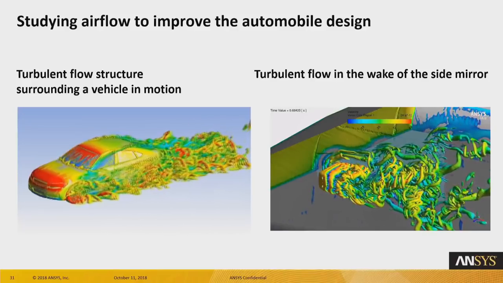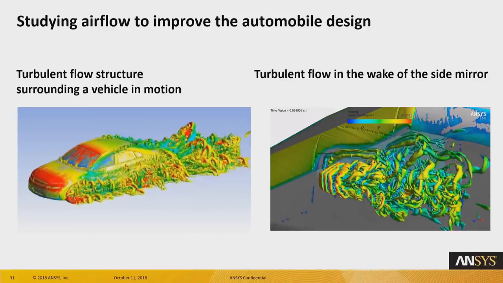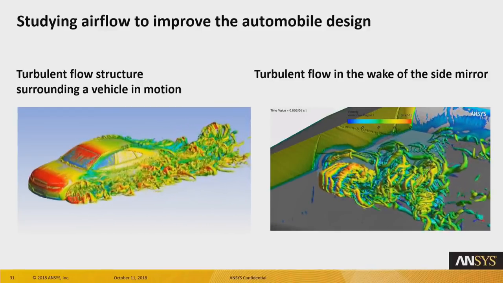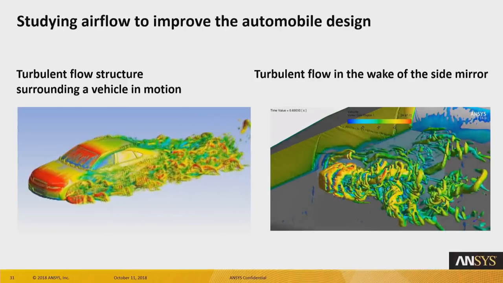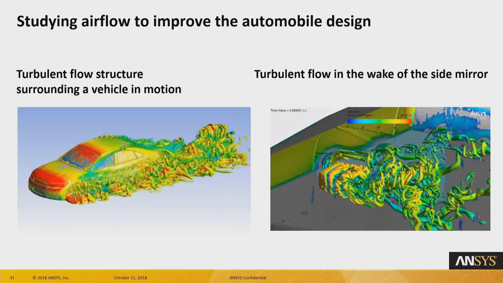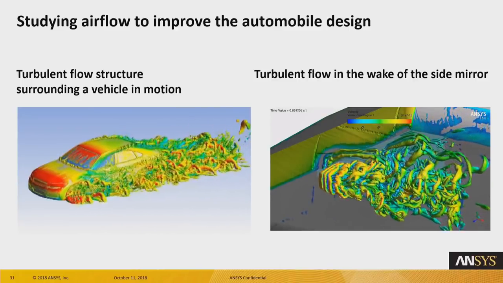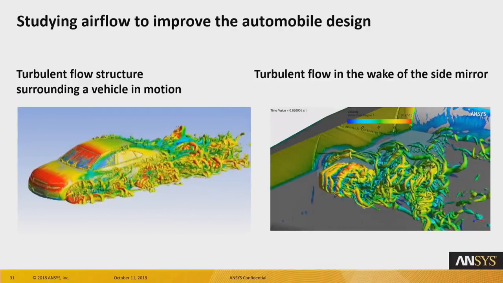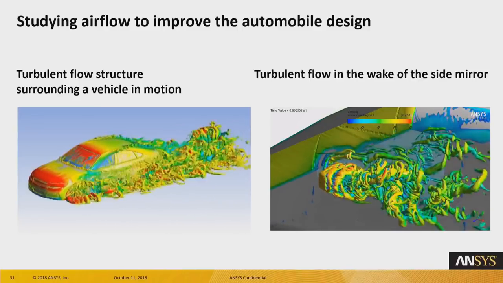So we want to find out how we can optimize the shape of the mirror in order to minimize the noise. The field that studies the amount of noise generated by turbulent flow is called aeroacoustics. And in this particular case, since we need to resolve the vibrations of the side window, we need to also consult the field that has to do with the vibration, with the noise driven by the solid vibrations.